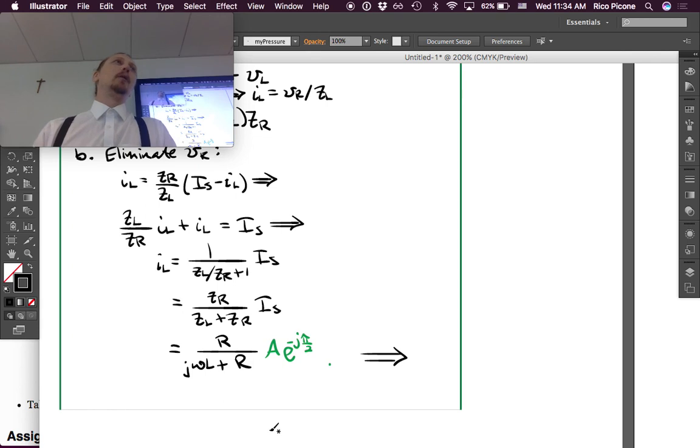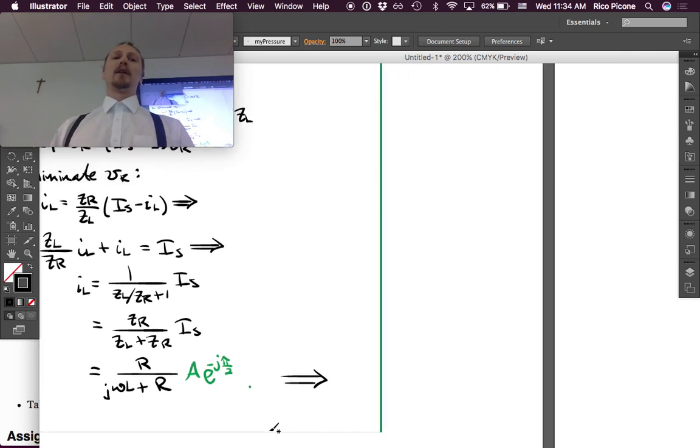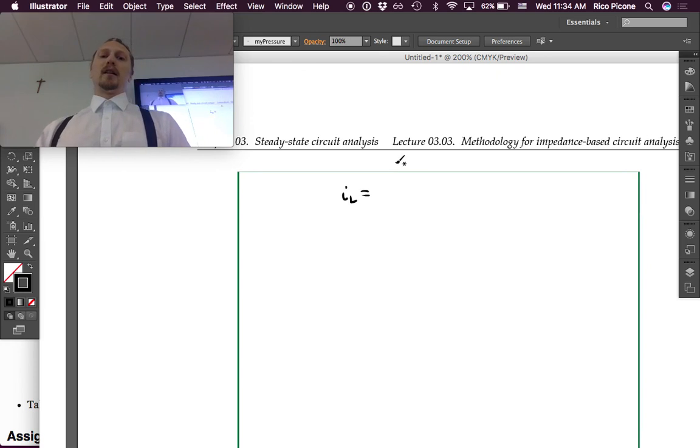When you multiply and divide things, we like to be in the polar phasor form, right? So our numerator was R, and now it's going to be R e to the j what? 0. Because it's all real, and no imaginary component there. The phase is 0.